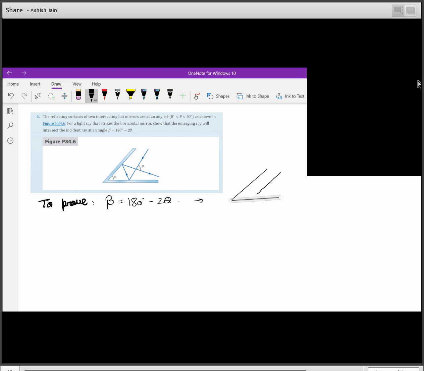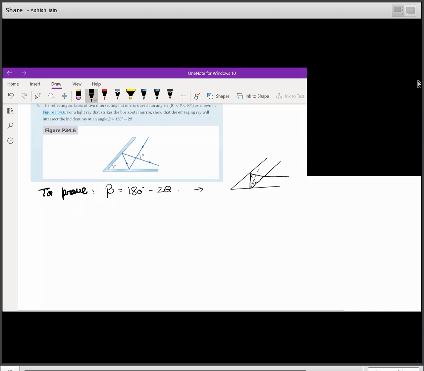When you have a light entering like that, then this angle is the incidence angle, and this is another incidence angle. I don't know if you can see it clearly. I'm talking about this angle. And this angle is beta as well. This is beta.